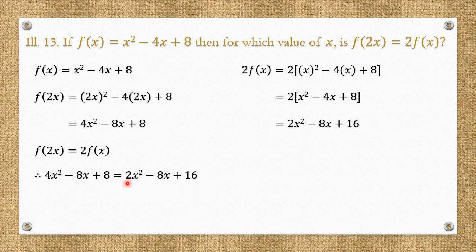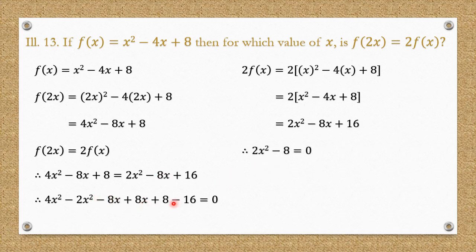In the next step, I am going to shift all these three values to the opposite side, and all these three values will change their sign. So 2x square will become negative 2x square, negative 8x will become positive 8x, and positive 16 will become negative 16. 4x square minus 2x square is 2x square, 8x and 8x will be cancelled, and plus 8 minus 16 will be negative 8.